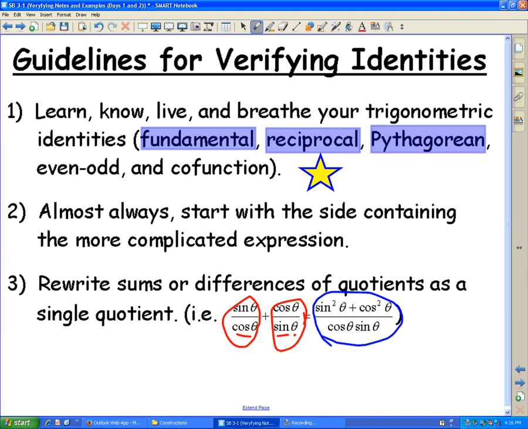And so you do a little bit of algebra to get a common denominator and then put them together, and sure enough, a lot of times you'll find that your identities fall into each other very quickly. But that's another hint that comes in handy quite often.